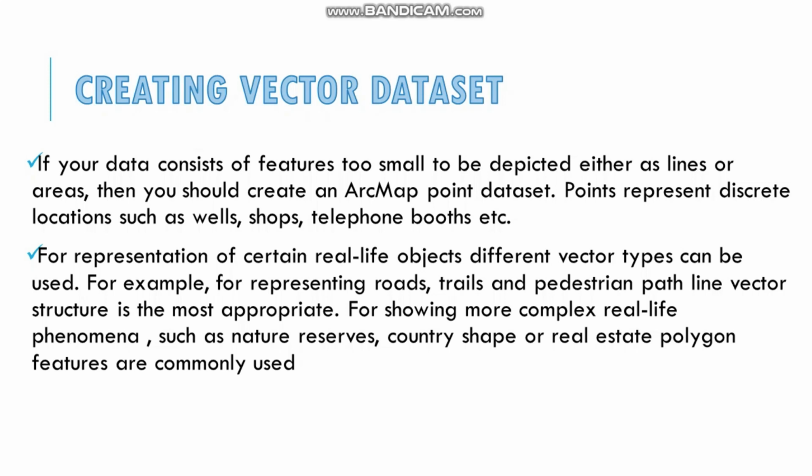So if you cannot use a point, you should use either a line or a polygon dataset. Mostly the most used type of vector is the polygon shapefile. With the polygon, you can represent almost all geographic phenomena.